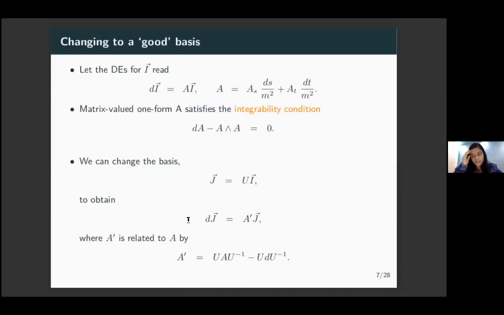So I wanted to clarify one more sentence about this integrability condition. The integrability condition is a necessary condition for solving dI equal to AI, right? Yes, it is necessary. If it is not satisfied, you cannot find I. It's not like there is any choice or anything like that. The integrability condition is simply obtained from dI equal to AI by one exterior derivative.